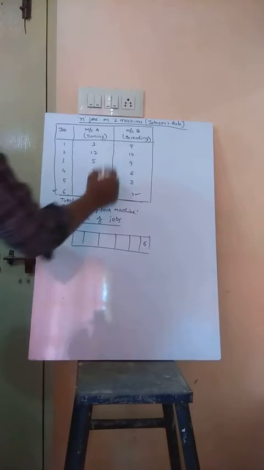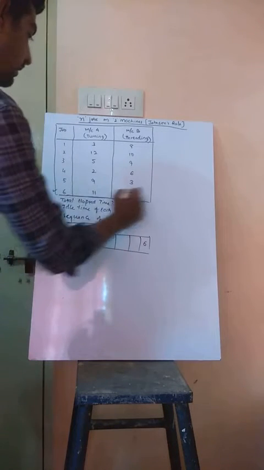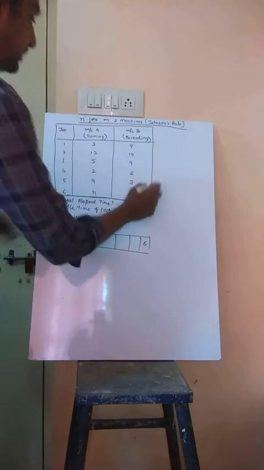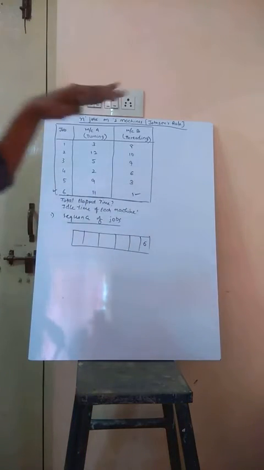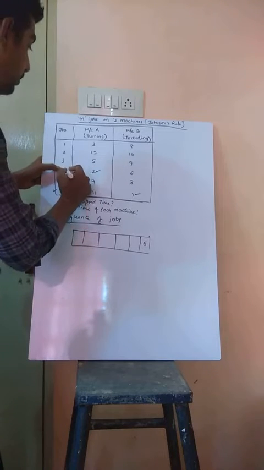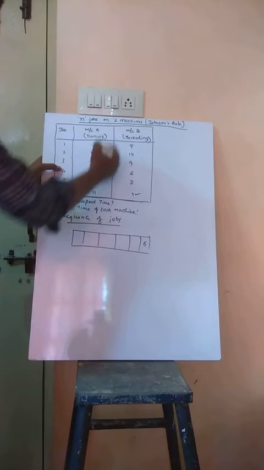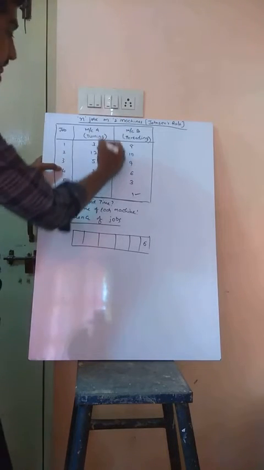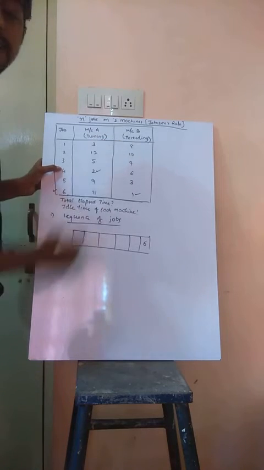In the other part, what is the next minimum processing time? 2 is the next minimum processing time. This is for job 4 at the left side, that is in the turning machine.